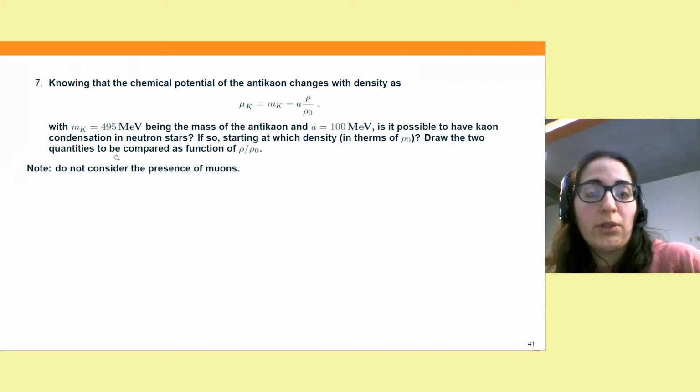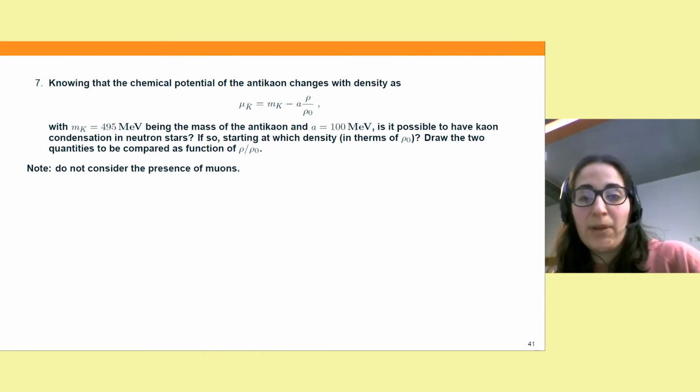And we have to draw the two quantities that we need to compare. So which are these quantities? The chemical potentials, basically. We need to compare the electron chemical potential with the kaon chemical potential and see if they cross at some point.